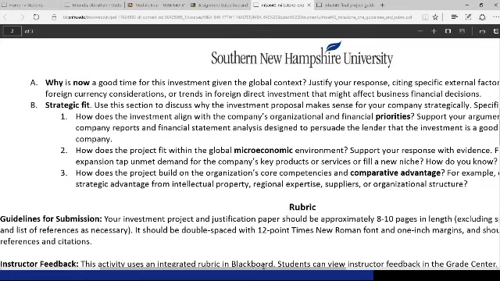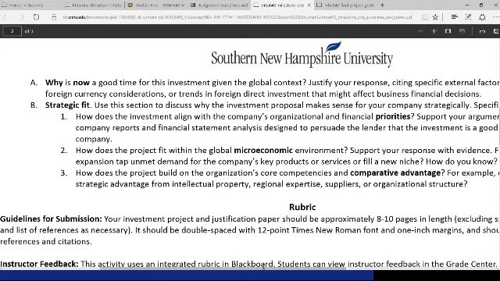Now, you're going to have to justify why it's good for your company, and then we're going to talk about strategic fit. But if you look at all of the key financial indicators, everything is pointing out this is a great time to invest abroad.